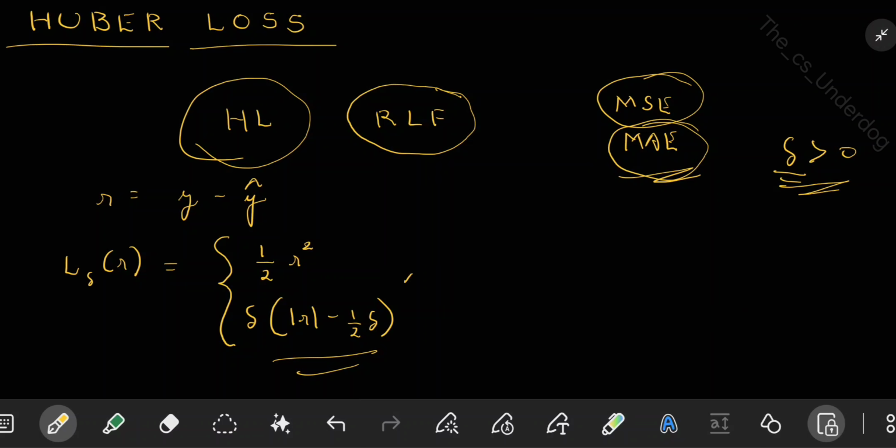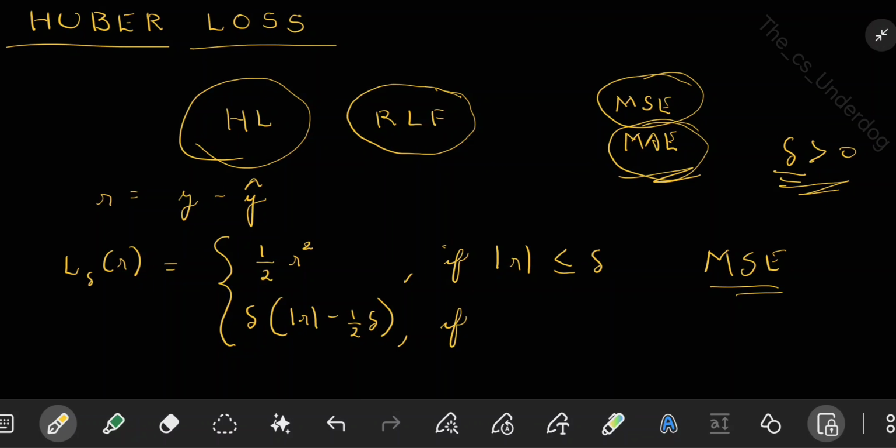This should be used if your residual mod R, so I'm writing mod R because y minus y cap or y cap minus y, whichever is larger, is less than or equal to delta. If mod R is less than or equal to delta, then you will be using the formula which is related to MSE, the mean squared error related formula.